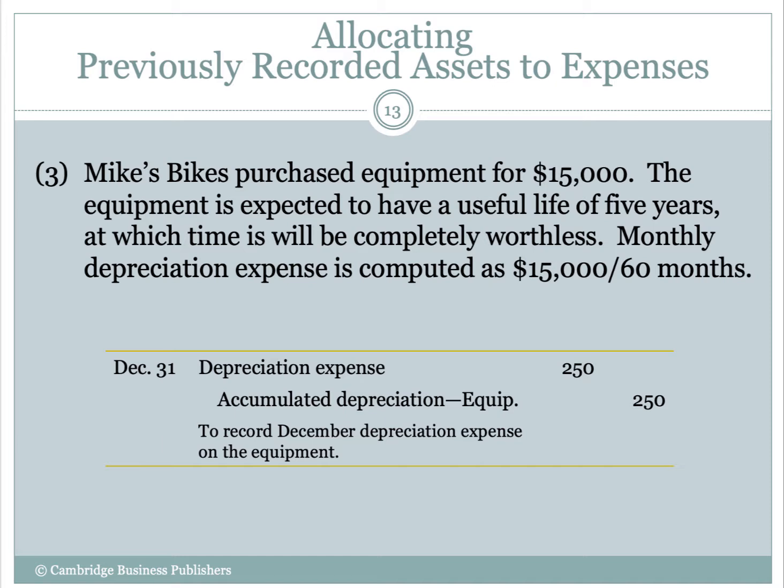Book value is the cost of the equipment, $15,000, minus accumulated depreciation. Okay, so very important that you memorize the fact that if we have depreciation, we're going to debit depreciation expense, credit accumulated depreciation.